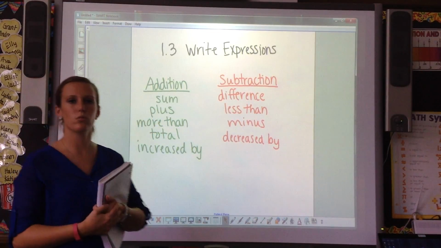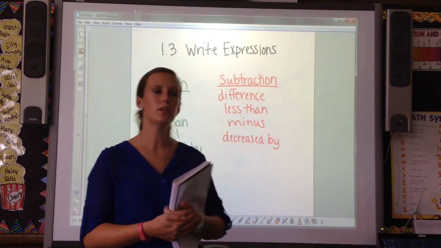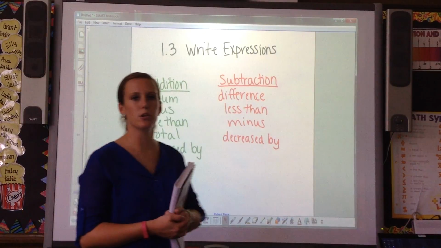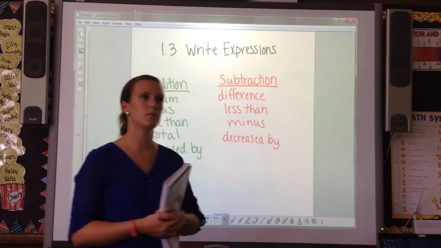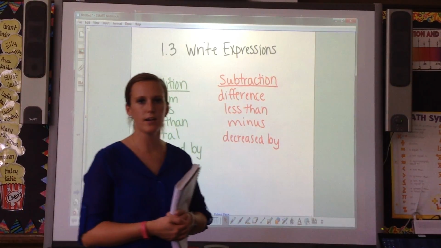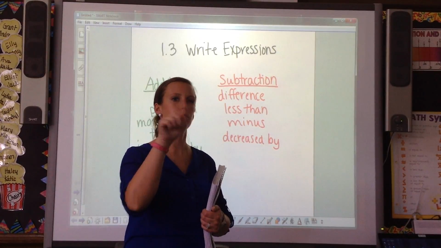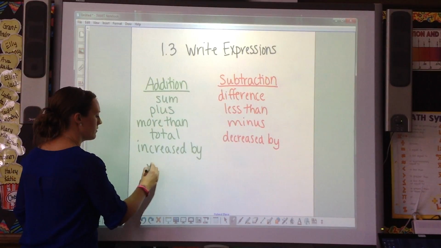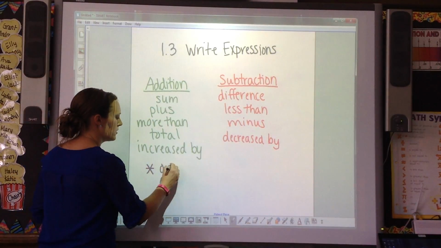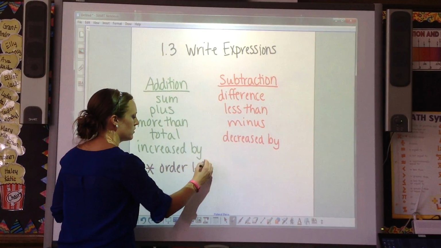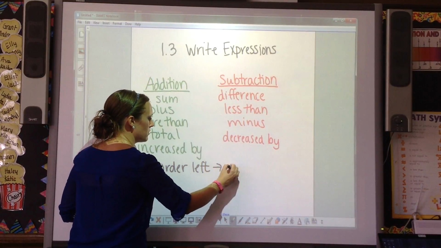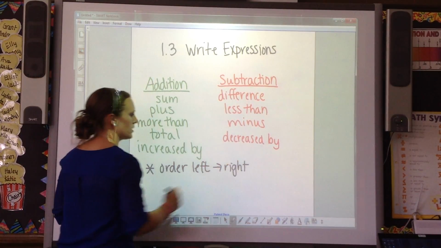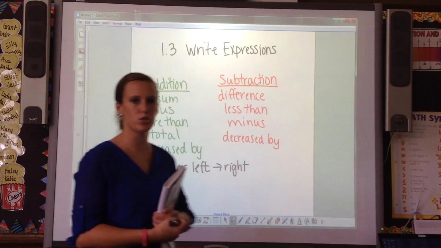When they give you an expression, you're usually going to keep the order in which it goes. So for example, if they say 5 plus x, you're literally going to write 5 plus x. Always keep in order from left to right, except when you see those switch words.